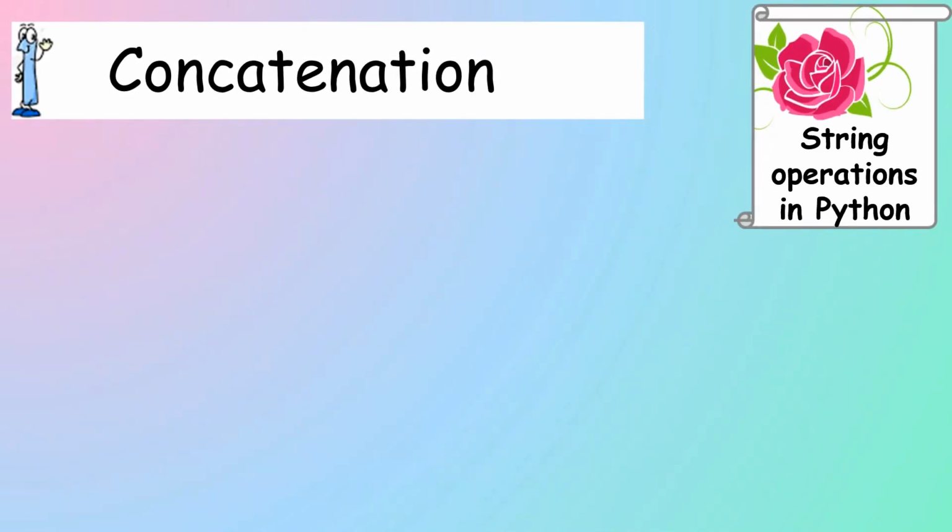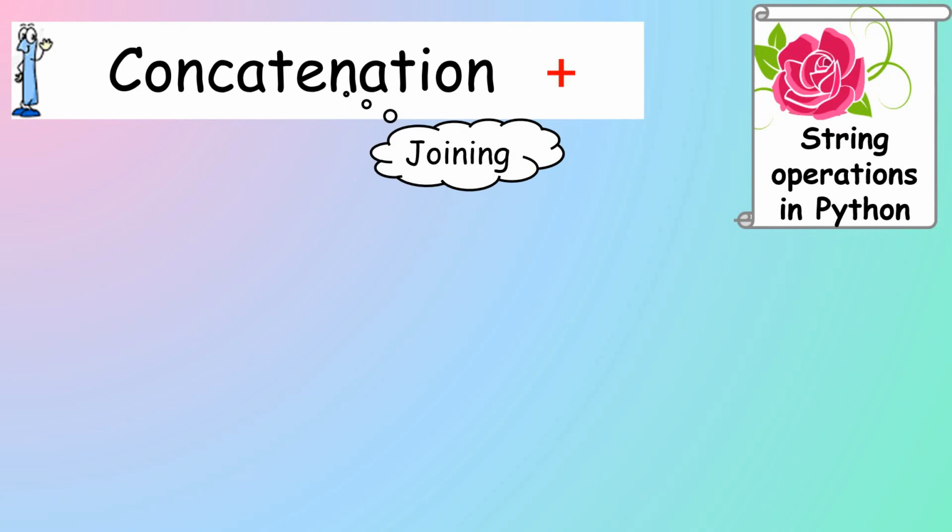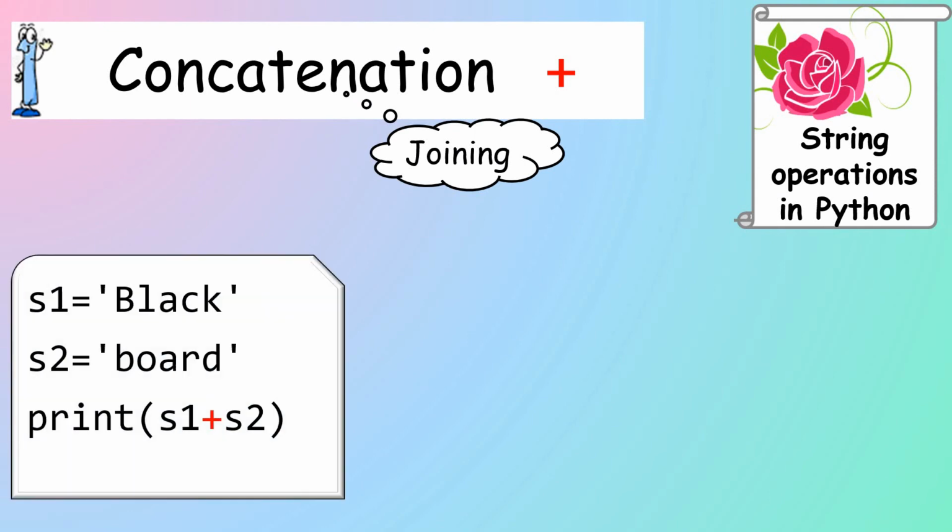The meaning of the word concatenation is joining. Here it is about joining of strings. The operator is addition. Look at this example. Here I have taken two string objects S1 and S2.